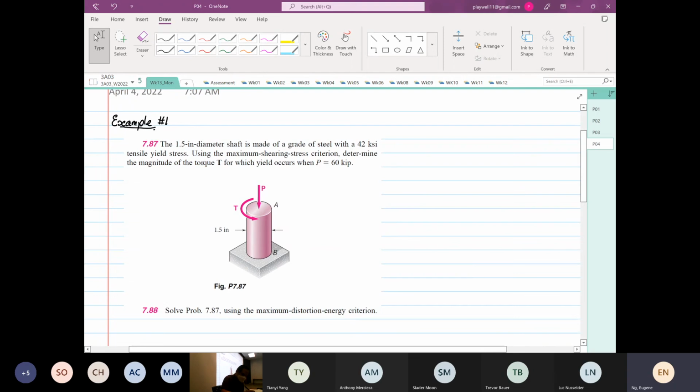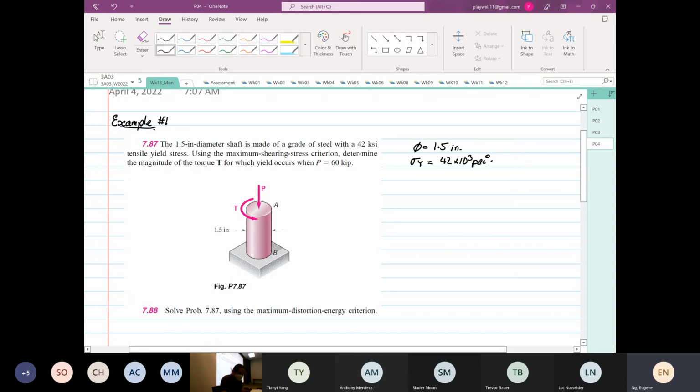So we are given that the diameter is equal to 1.5 inch. And the yield given to us is 42 times 10 to the power 3 PSI.